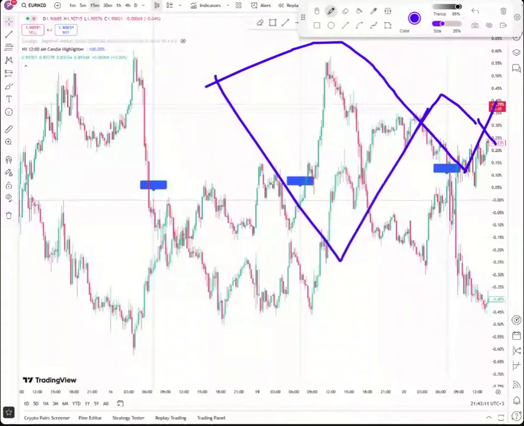So you just Google directly TradingView heatmap. No settings are required.